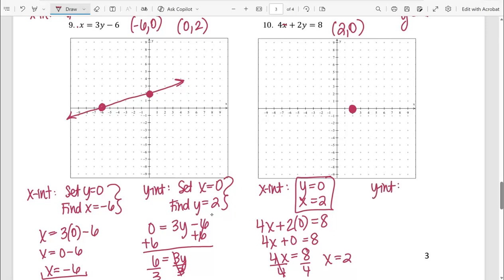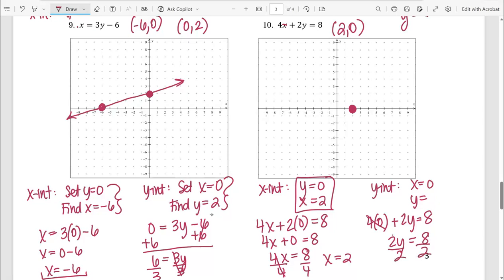For my y-intercept, it's the y value I'm trying to calculate. So wherever the x is, this time I plug in the 0. But just like before, 4 times 0 is just 0, and 0 plus 2y is just 2y.